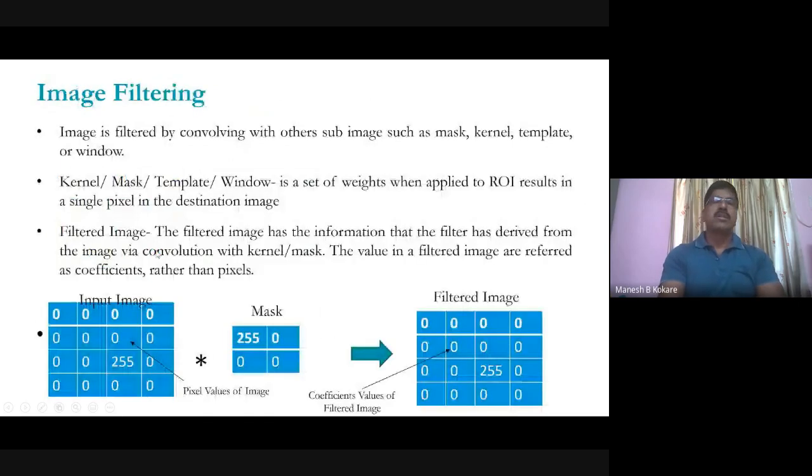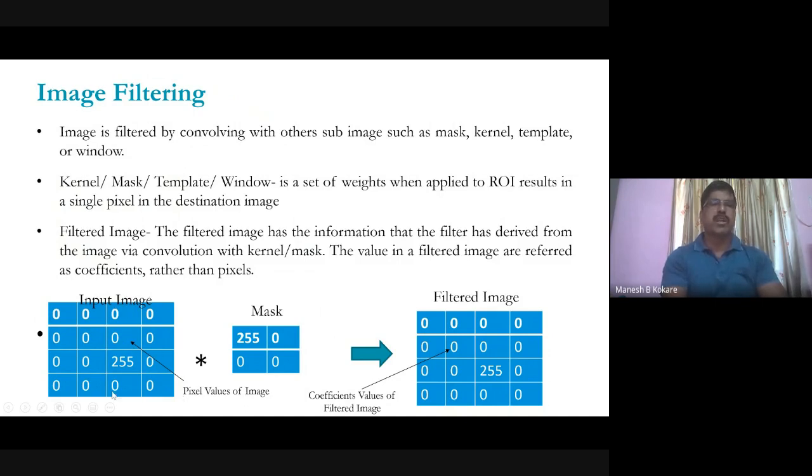Now see how filtering is done. You know that the original image is there and you have the filter mask, and this filter mask is moved over and applied on this image, and then you get the filtered image. So the image is filtered by using this mask. This is your input image, and these are the pixel values of the image.